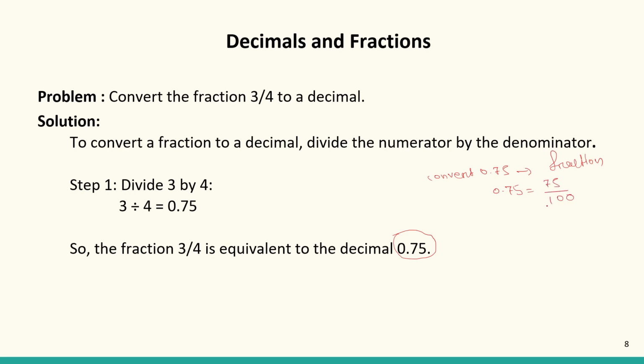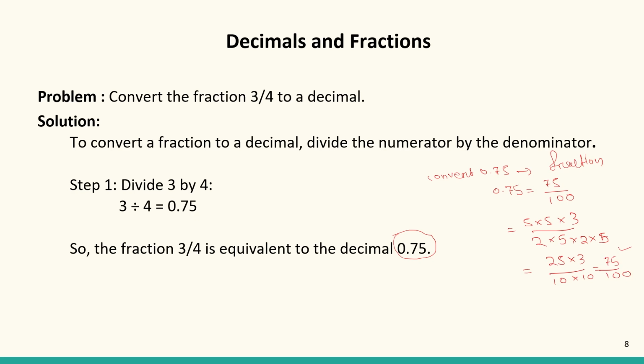By doing prime factorization, we can see 5 into 5 into 3 over 2 into 5 into 2 into 5. So this is equal to 25 into 3 by 10 into 10, that is equal to 75 by 100.